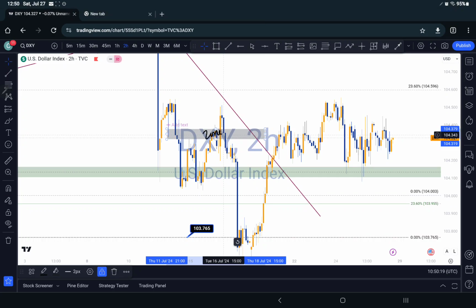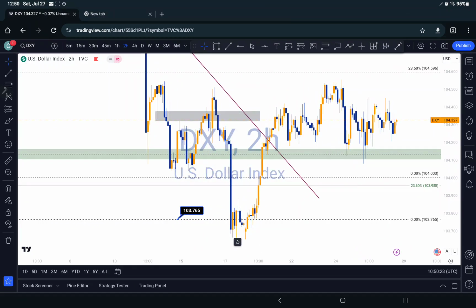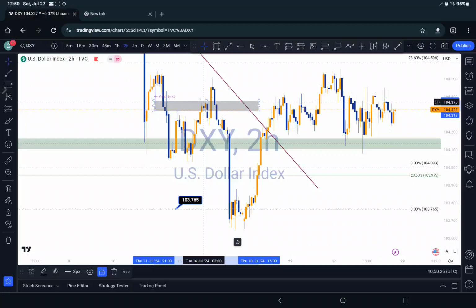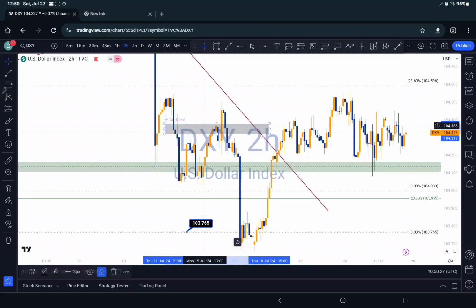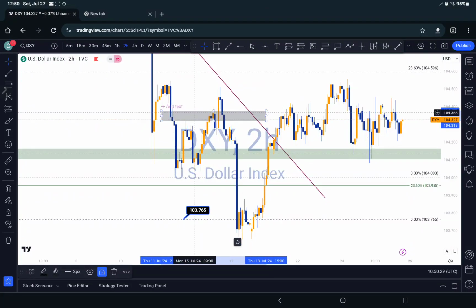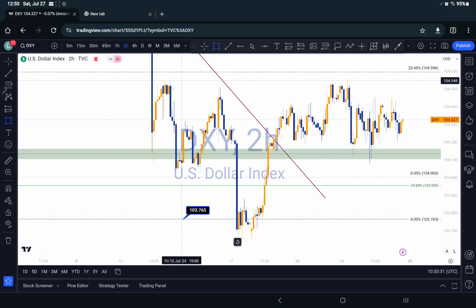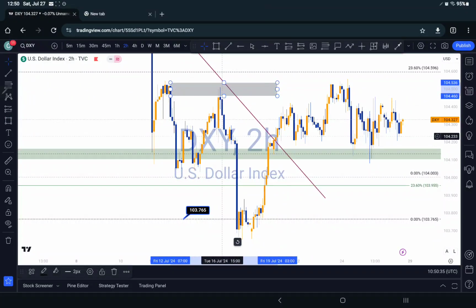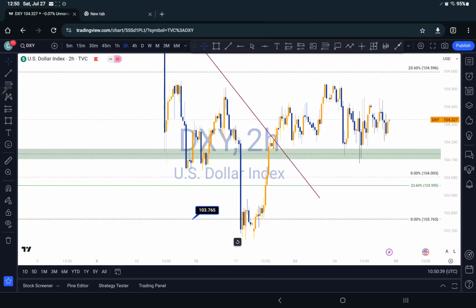But the XY decided to push up a little bit further. If I draw a zone right around this area, we can see that it's still part of the area for it to continue to push to the downside.